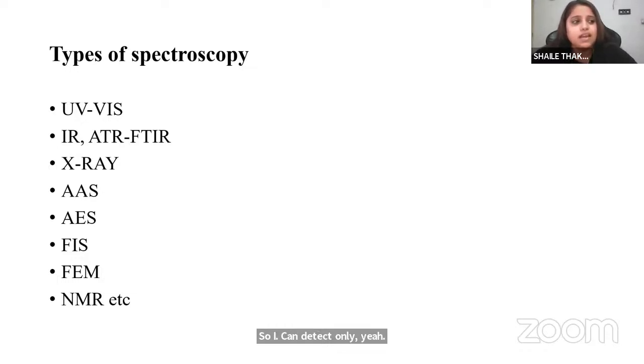So basically, suppose this is your sample, and suppose this one is producing the light. Okay, this one is the light source, and this is your sample.